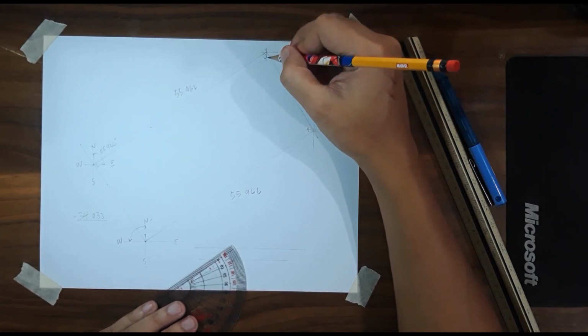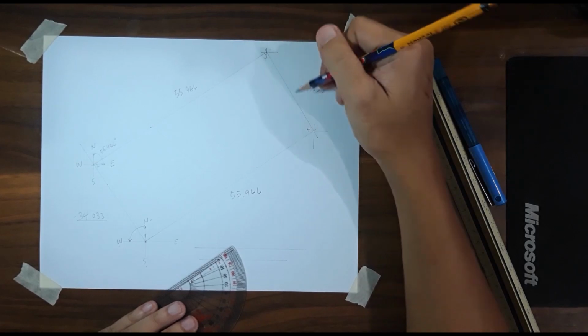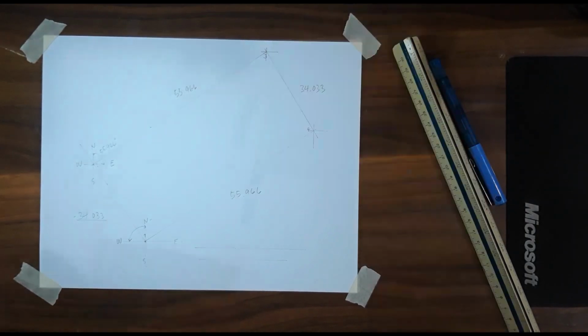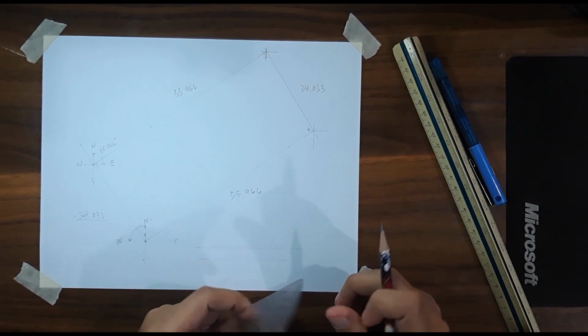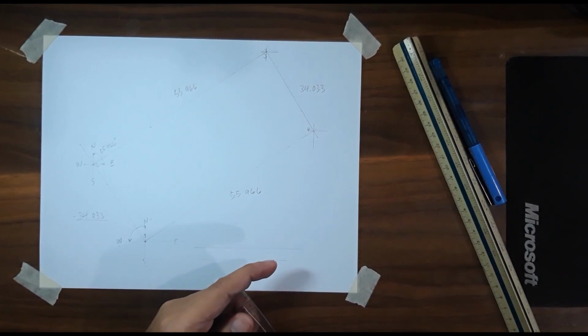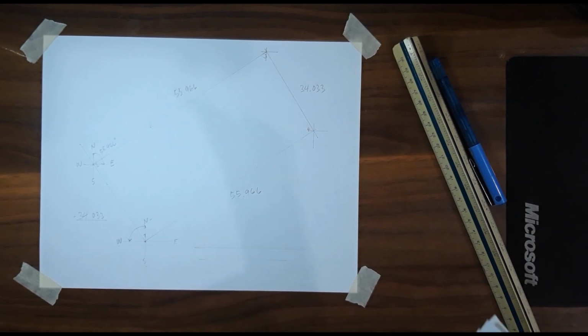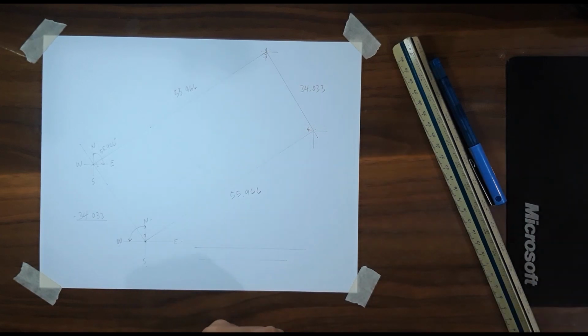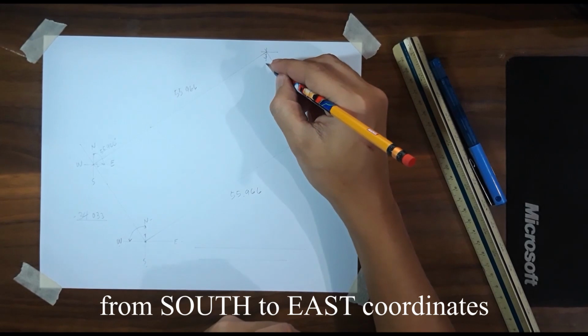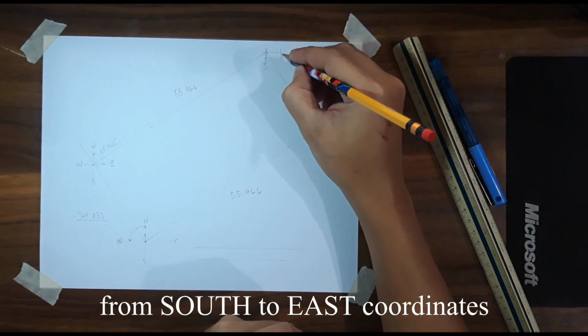So from point 3 going to point 4, this is the tie line. So the coordinates of the tie line, it's the same. It says south 34 degrees 02 minutes east at 4 meters. So this is south and this is east.